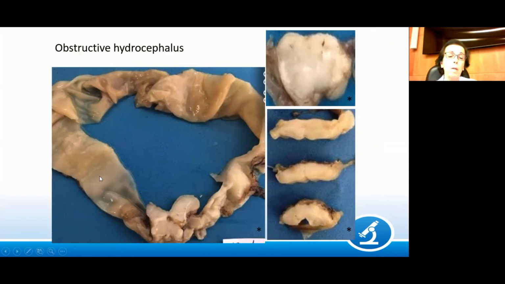But in fact, the brain was lost. There was a thin layer of brain because it had gone. If it was not for the obstruction, it would be a microcephalic brain. And in the pons, we can see that the basal pons was not present because there were no descending fibers to form the base of the pons.